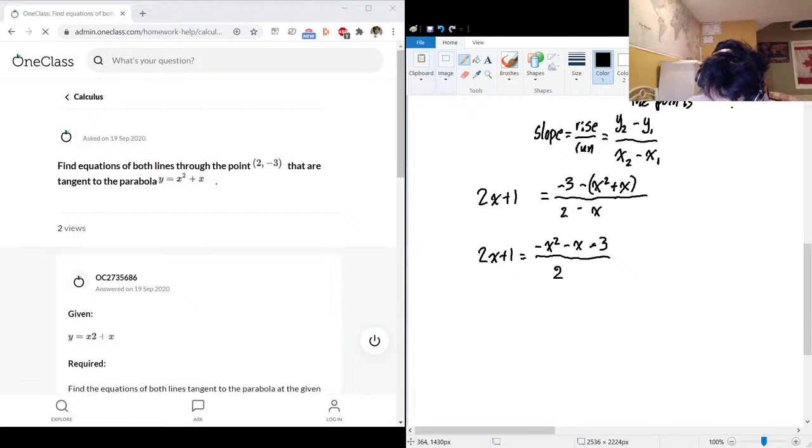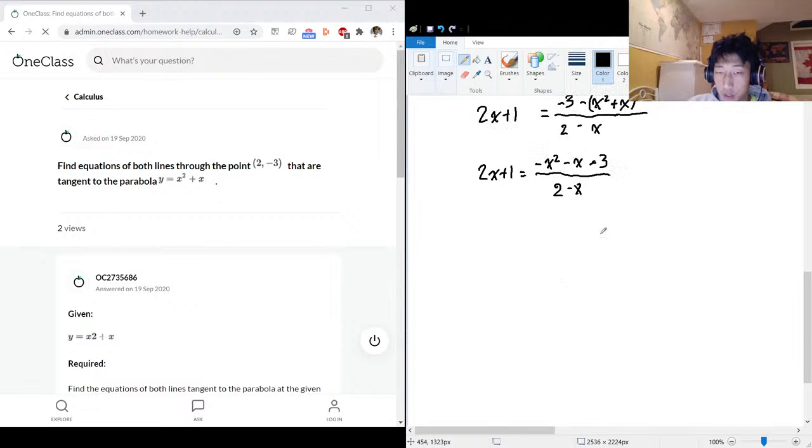And the bottom is 2 minus x. Okay, let's multiply both sides by 2 minus x to get rid of this denominator and put it to the other side. So we've got 2x plus 1, and we have 2 minus x, then we have minus x squared minus x minus 3.